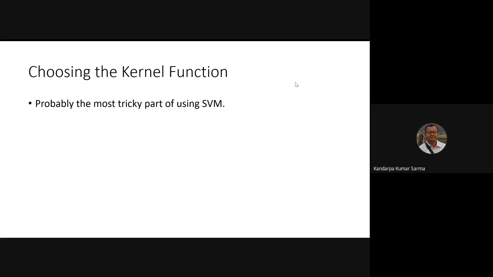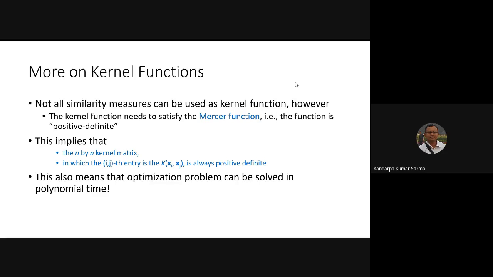Selecting the kernel function is probably the most tricky part of support vector classification. You can have many kernel functions. Not all similarity terms can be used as kernel functions, but a kernel function needs to satisfy Mercer's condition. That is, the function is positive definite.